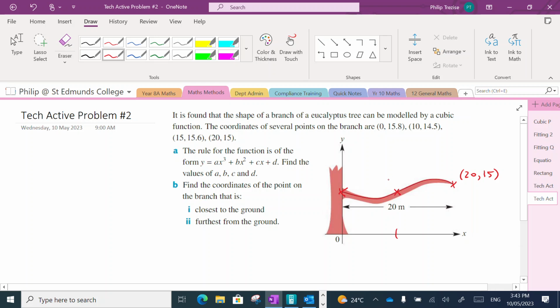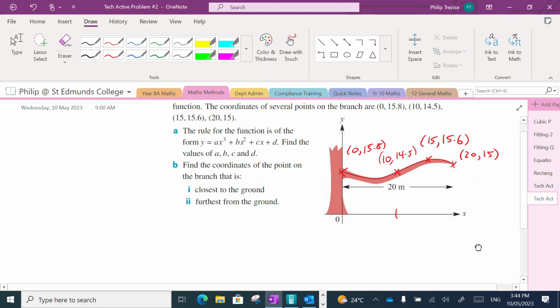That's the one with coordinate 10, 14.5. And 15 would be about halfway between 10 and 20, of course, and that one has a y coordinate 15.6. And I should note that original one was 0, 15.8.